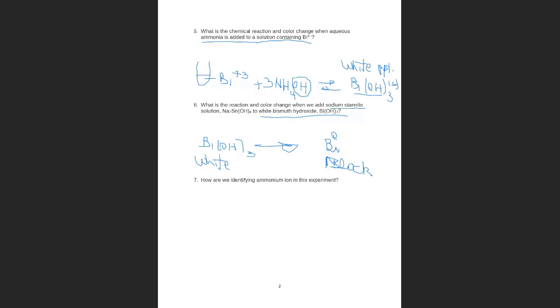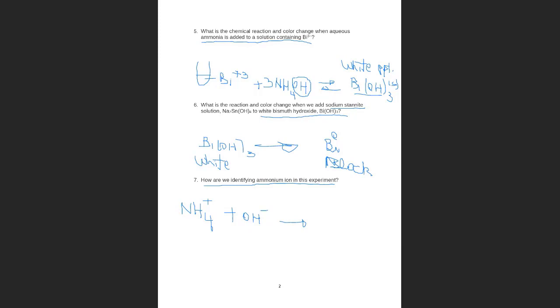How are we identifying ammonium in this experiment? You remember that we said that ammonium is a weak acid. So we have ammonium and we add a base. We add 2 milliliters of sodium hydroxide.